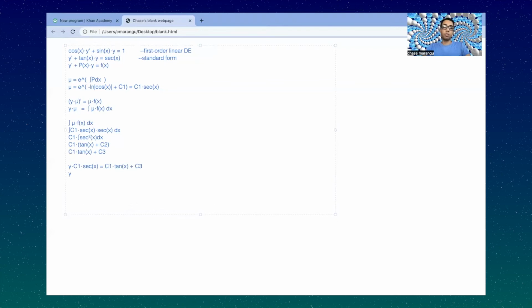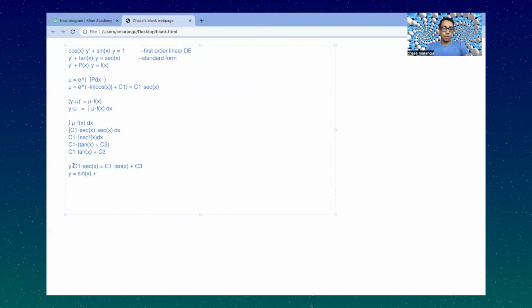And if we divide both sides by c1 times secant of x, we get y equals, c1 and c1 cancel out in the first addend, I guess you would call this. Tangent of x divided by secant of x is tangent of x times cosine of x, which is sine of x.